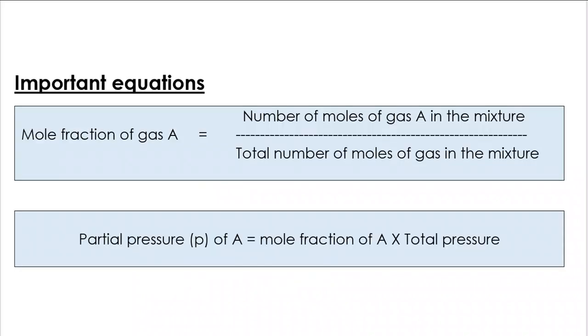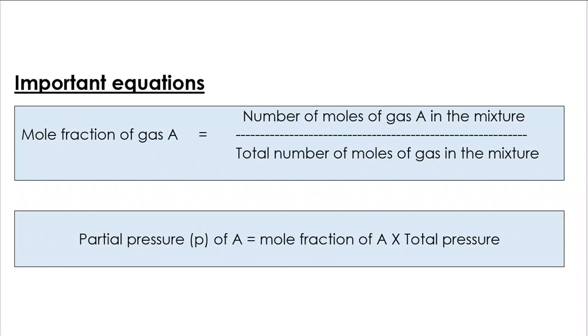These two equations are incredibly important for your calculations. You need to be able to work out the mole fraction of a gas, and that's simply the number of moles of that gas in a mixture divided by the total number of moles of gas in the mixture. So, for example, if I had 100 moles of air and 80 of those were nitrogen, it would be 80 divided by 100, and I would have a mole fraction of 0.8.